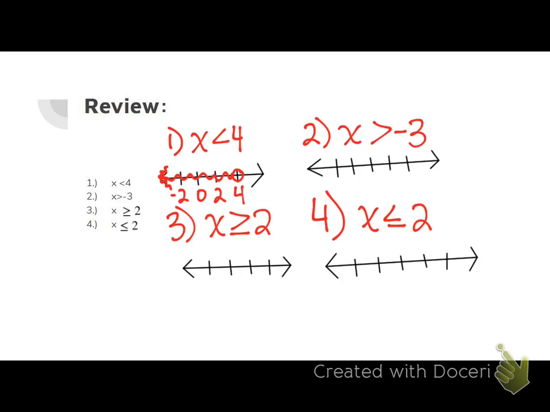Okay? All right, on number 2, open or closed circle? Open circle. And it's shaded to the right. Okay, number 3, open or closed? Closed because there is the equal to bar and we're shaded to the right.